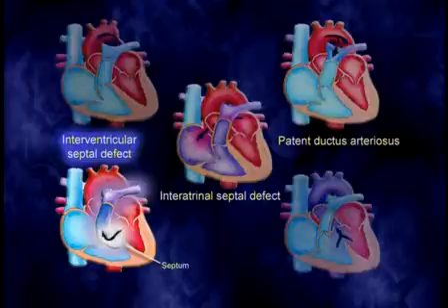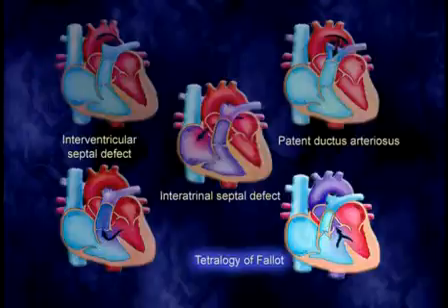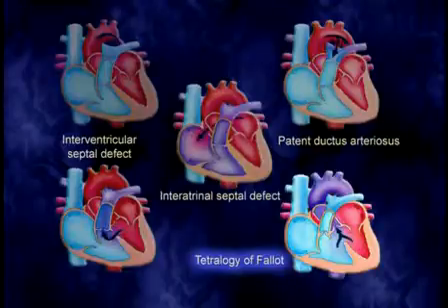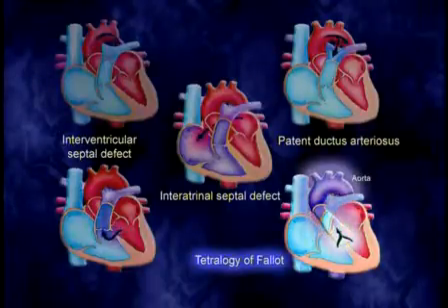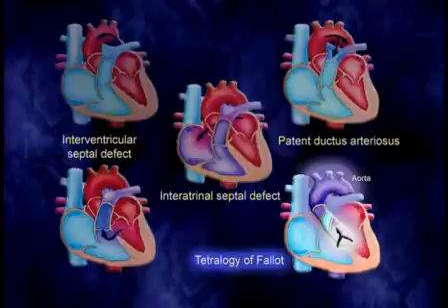And over here we have probably the most serious of them all, is called the tetralogy of Fallot. Dr. Fallot described this. Tetralogy means 4 defects. Here's what they are. First of all, the aorta, instead of being on the left side of the heart, overrides both sides. So it is a failure to separate the two sides.